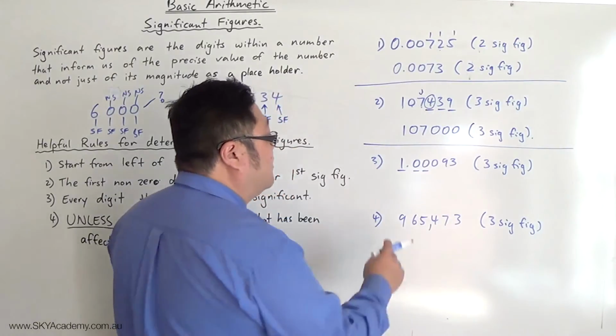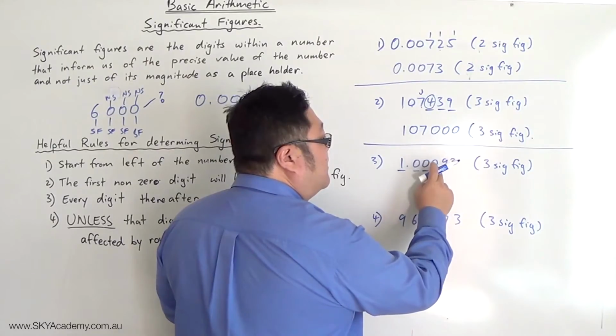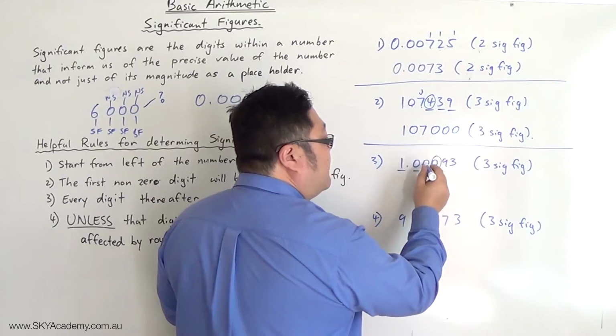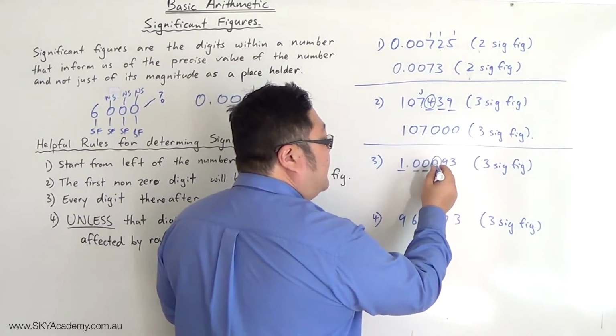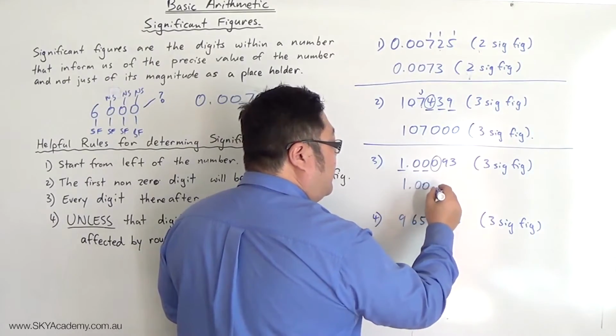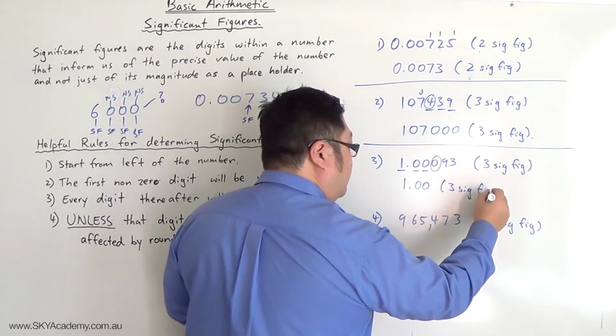Okay? So, 1, 0, and 0 will be significant. The 0 after it will determine whether we round this up or down. And because it's 0, we won't need to round, so it's 1.00, and that's our answer to 3 sig fig.